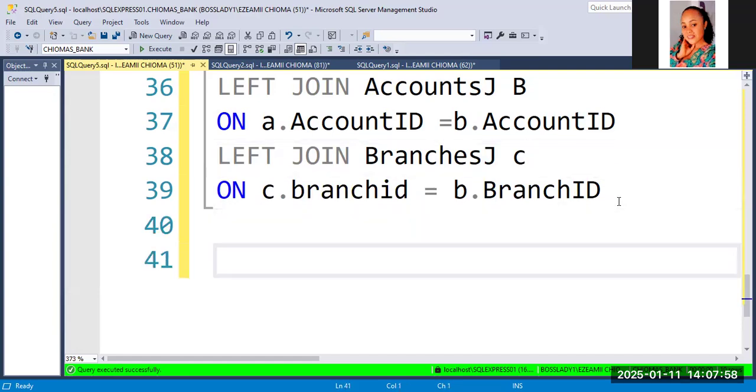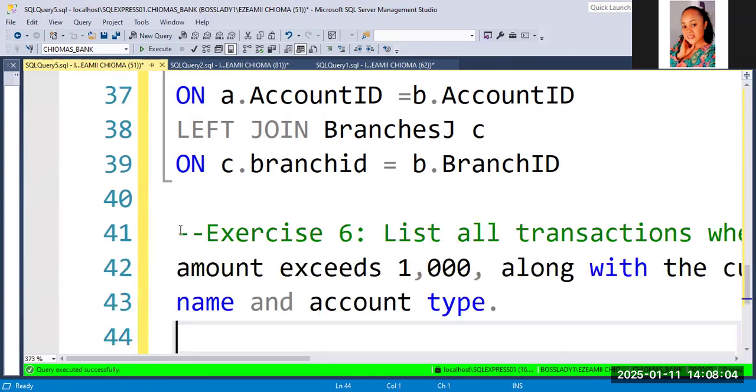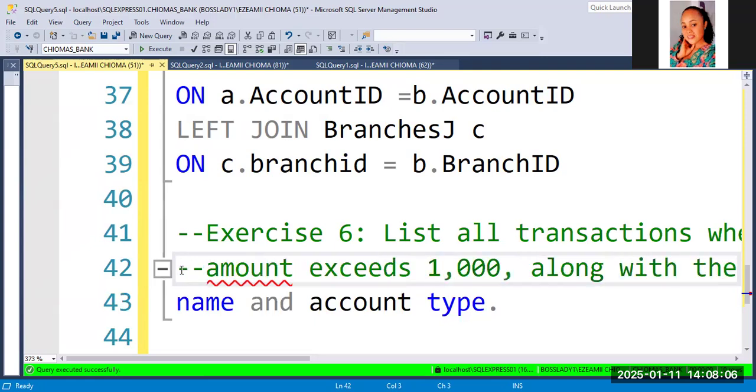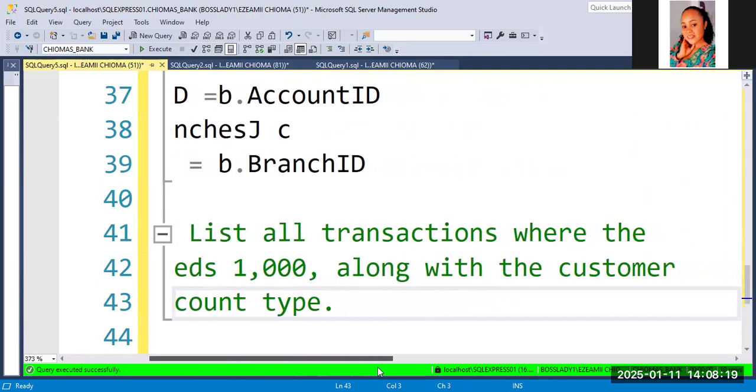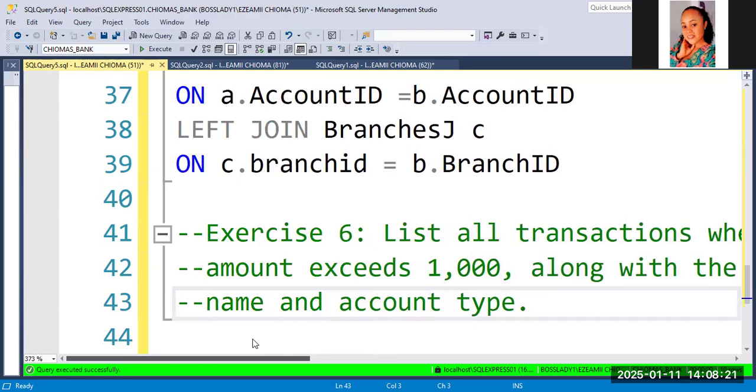So the next question, let me expand this a bit. The next question says, list all transactions where the amount exceeds 1,000 along with the customer name and account type. List all transactions.